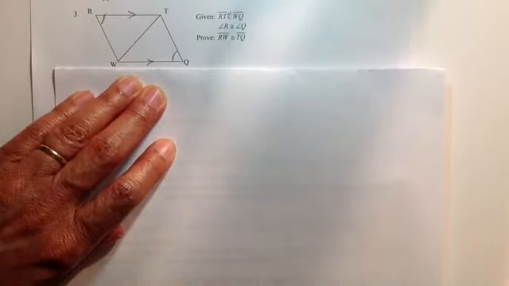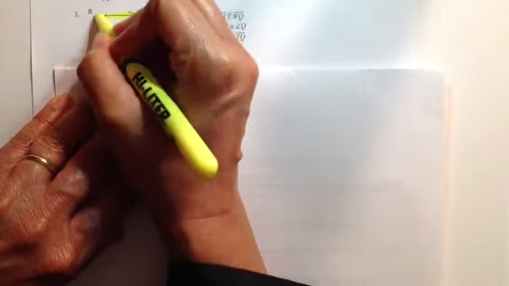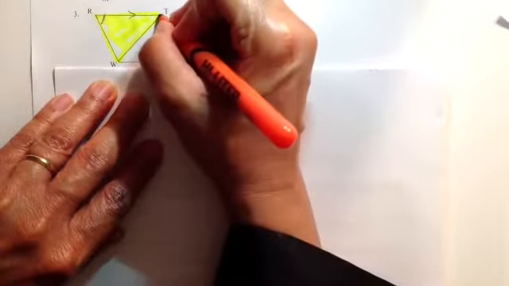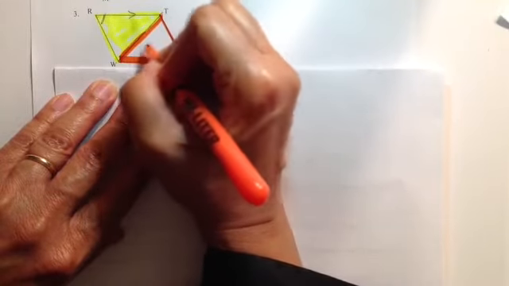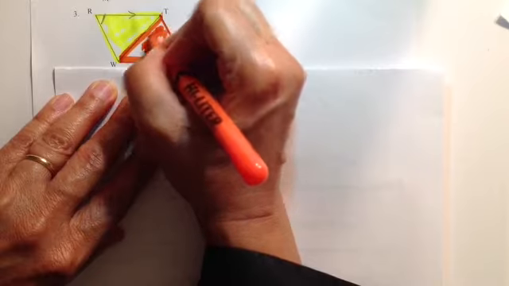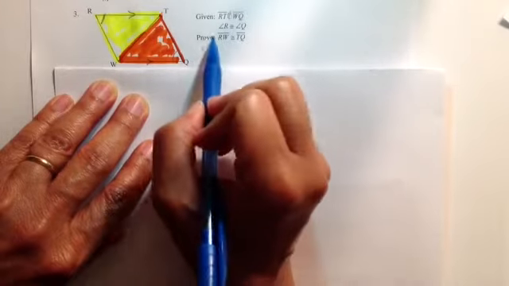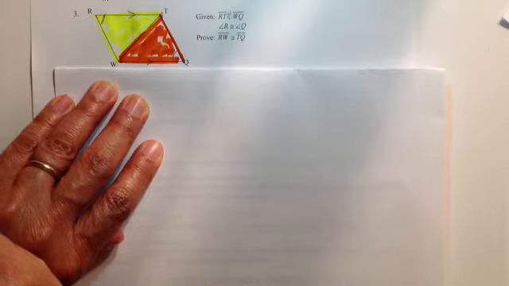So once again, I start to think if I can prove that these two triangles are congruent, then I can prove that RW is congruent to TQ using CPCTC.